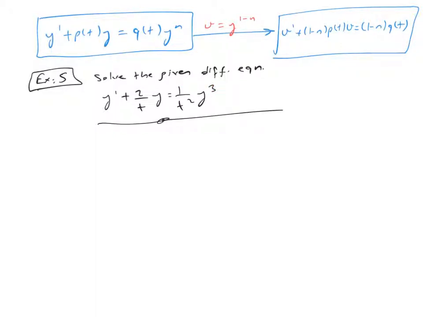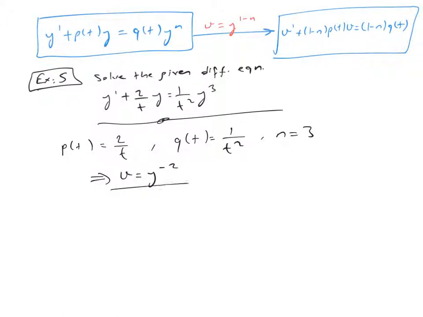Let's write it down. P of t is equal to 2 over t, q of t is equal to 1 over t squared, and n is equal to 3 here. So v is equal to y to the minus 2. Let's write the final linear differential equation.